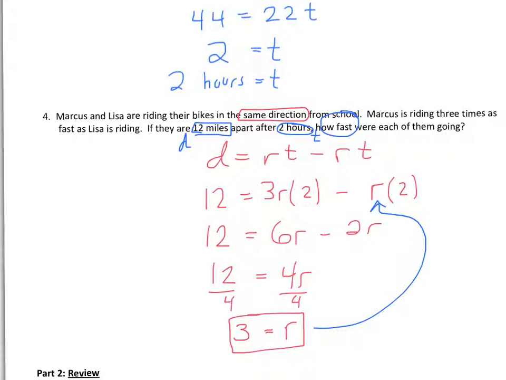So they want to know how fast each of them are riding. So Lisa is 3 miles per hour. And Marcus then, if he's going 3 times faster than Lisa, how fast is Marcus going? He's going 9 miles per hour. Very good.